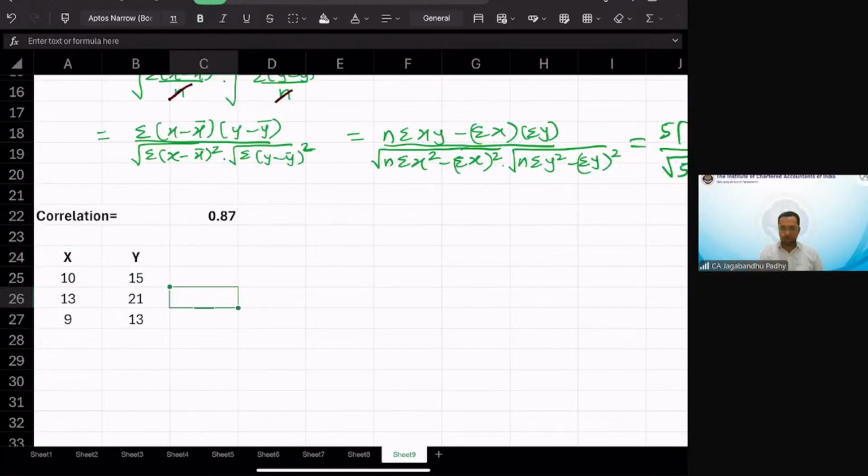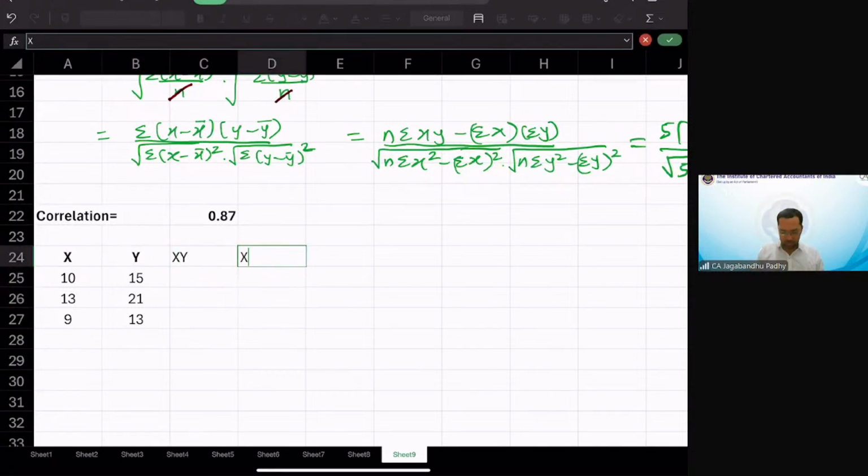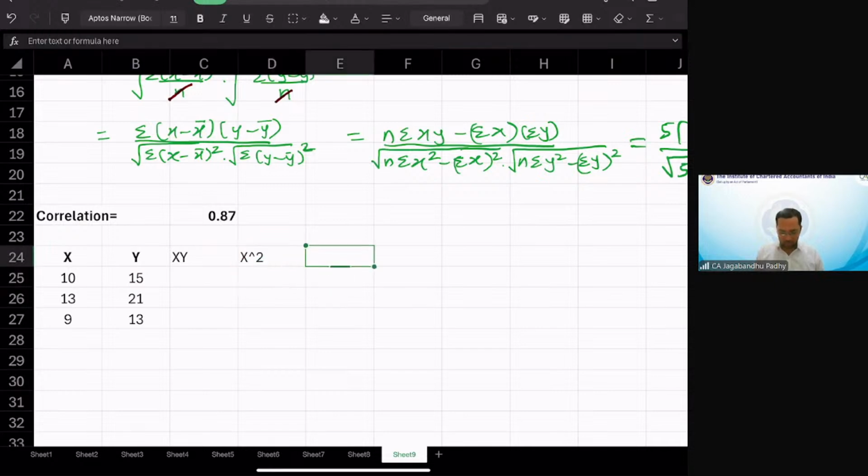Can you solve the correlation? Get the value of correlation, guys, between x and y? Shall we quickly solve it? Maybe a couple of minutes for you. You just need to create columns of xy, x square, and y square. Compute the columns and substitute in this formula and give me the value of correlation, guys.